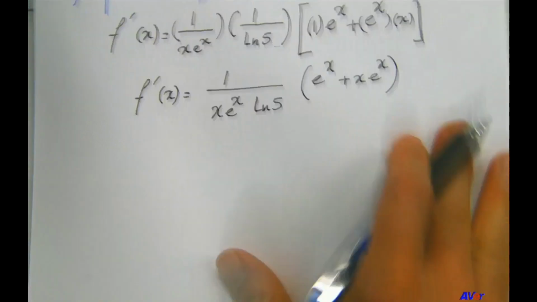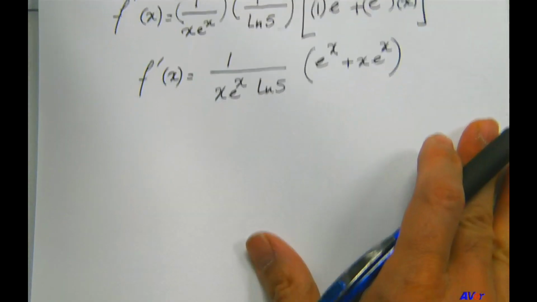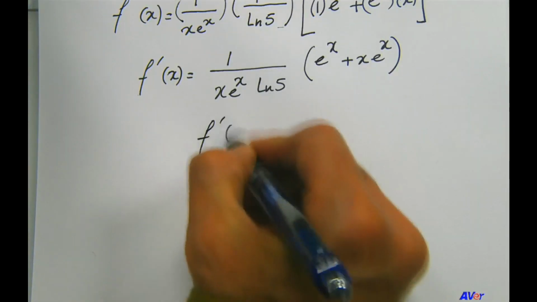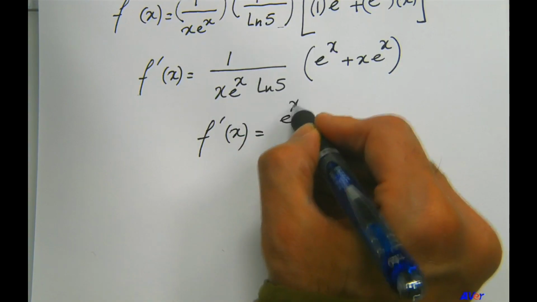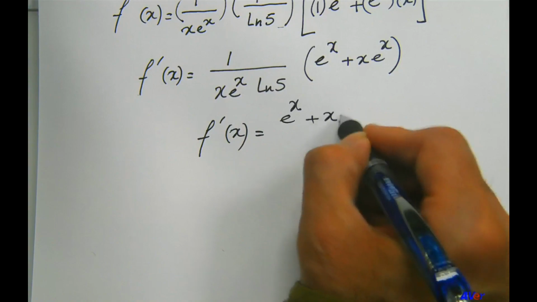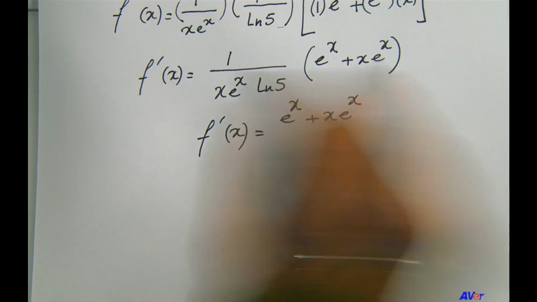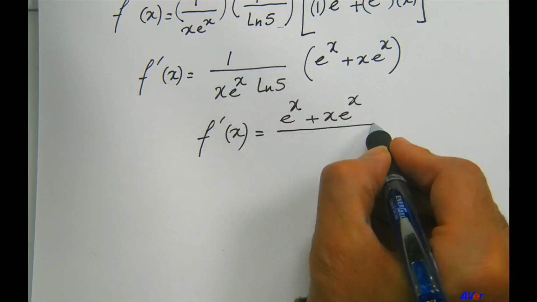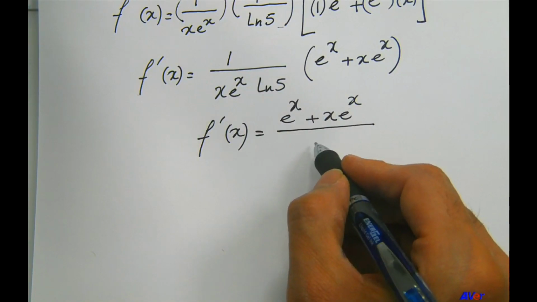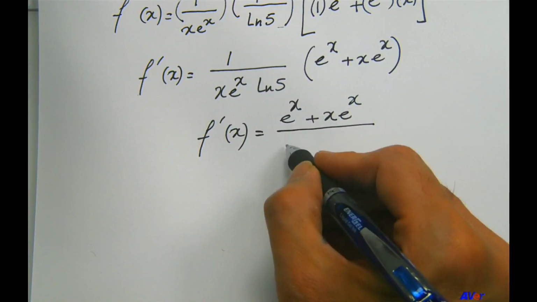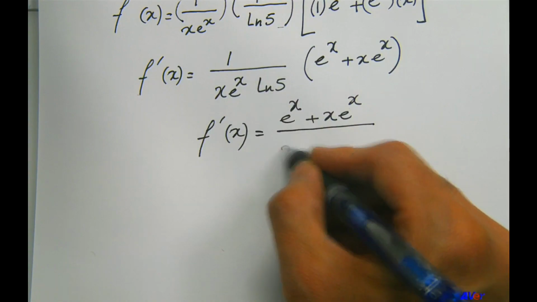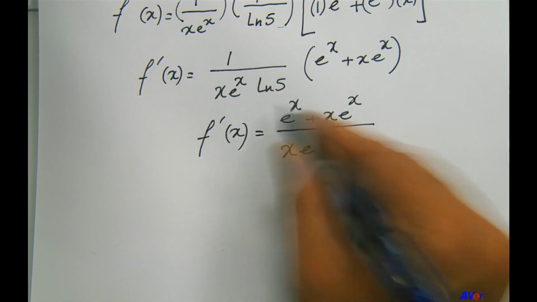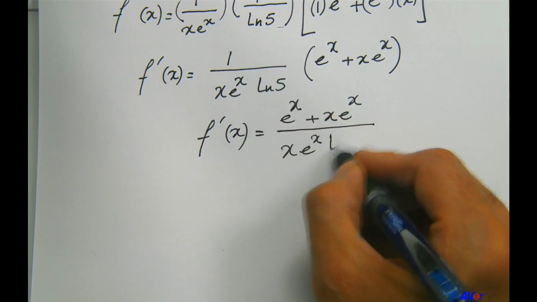Now we can, of course, combine this with that. So e to the x plus x times e to the x, divided by x times e to the x, natural log of 5.